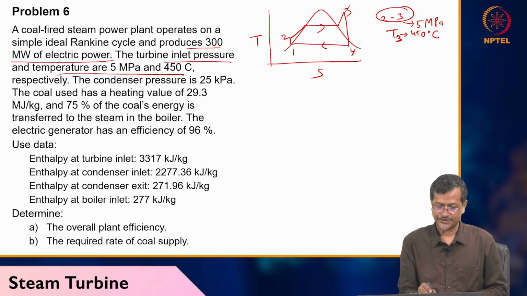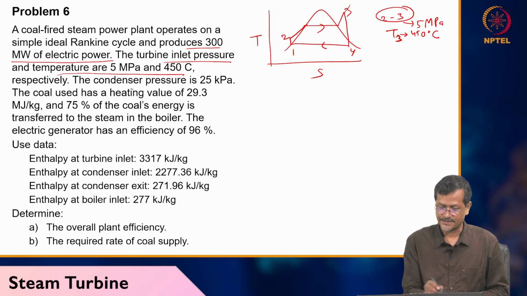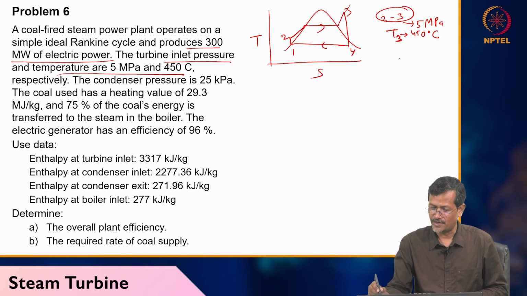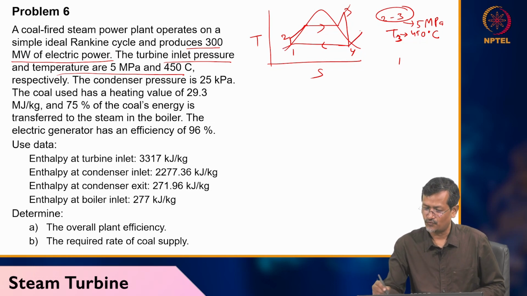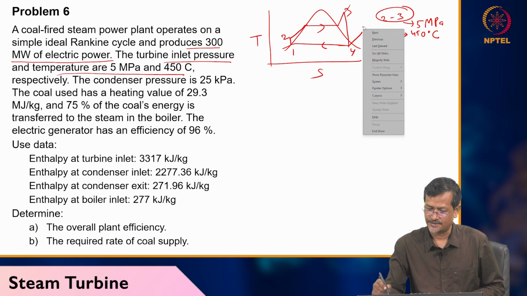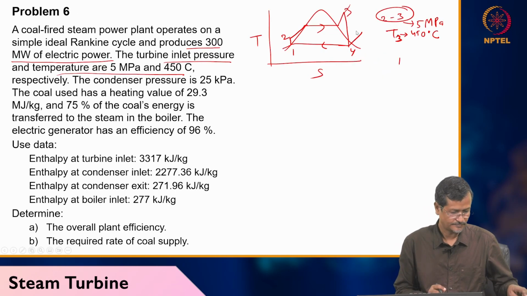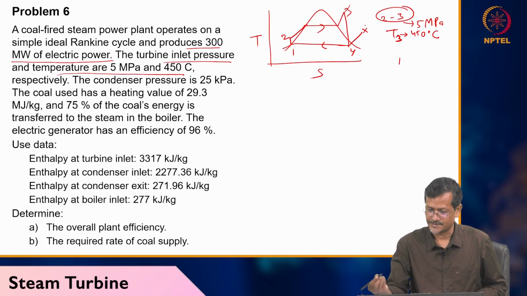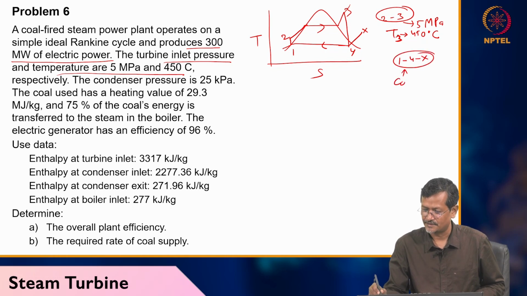The condenser pressure is 25 kPa. So this is 1, okay, so this 1 to 4, maybe 4 I can say, yes, I can put x. So 1 to 4 is actually a constant pressure line.